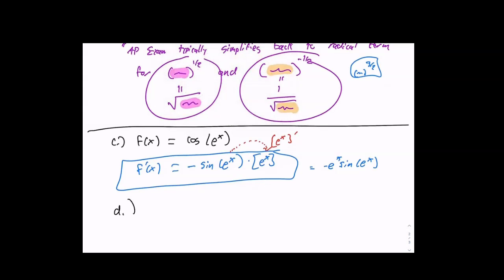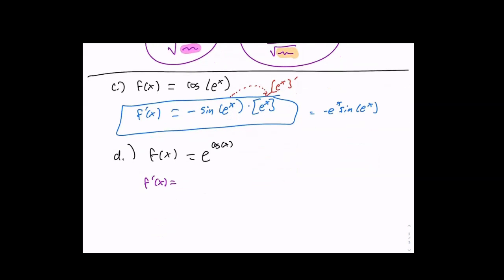D. Well, what if I flipped it and said e to the cosine of x? Now this is an exponential chain rule with cosine as the baby. So it's exponential first.